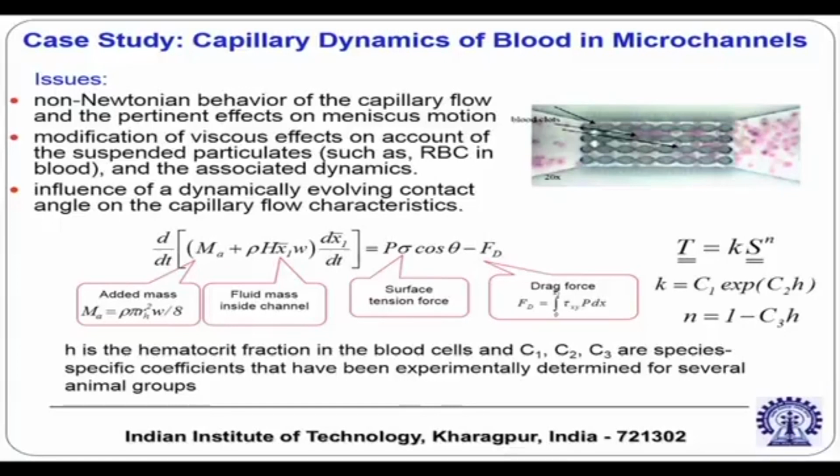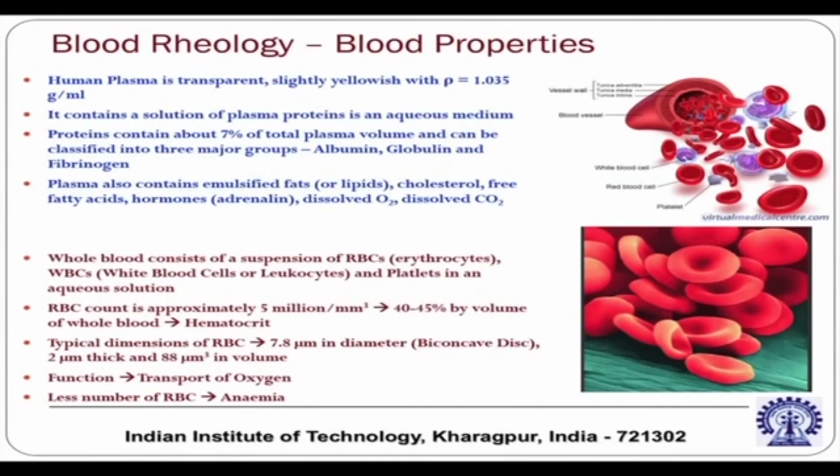In that spirit you need to understand that there is no first principle proof of where these expressions come from. We see here that some coefficients C1, C2, C3 appear in this context, and before getting into what parameters those will depend on, let us quickly revisit the blood properties.